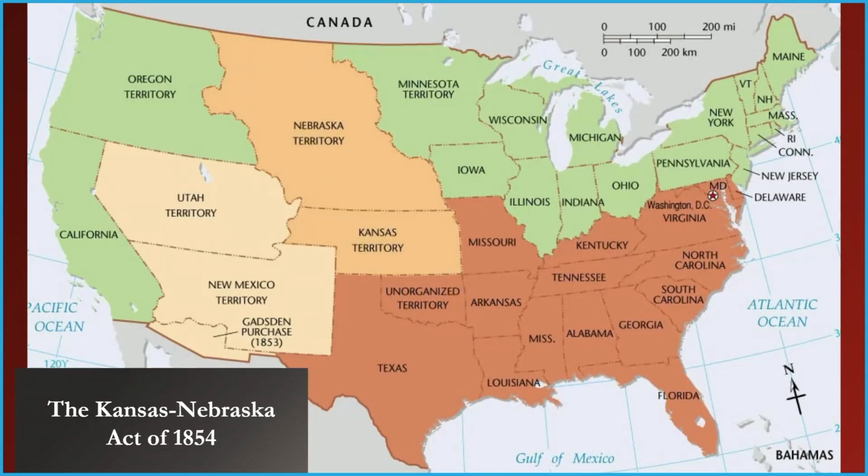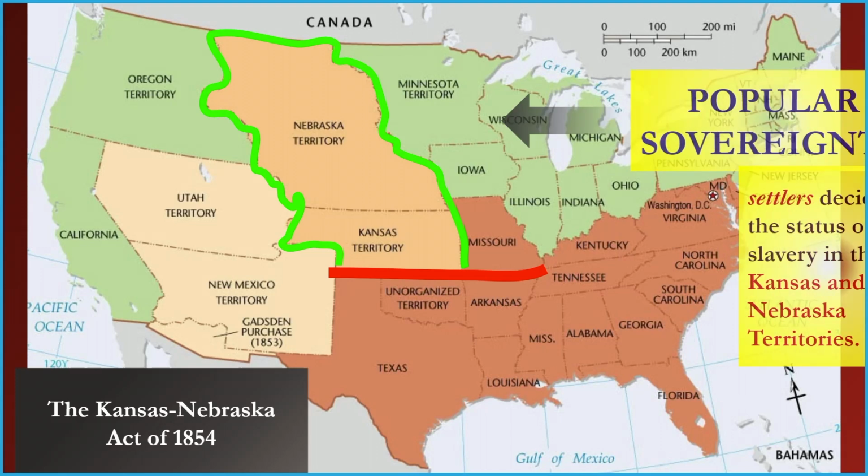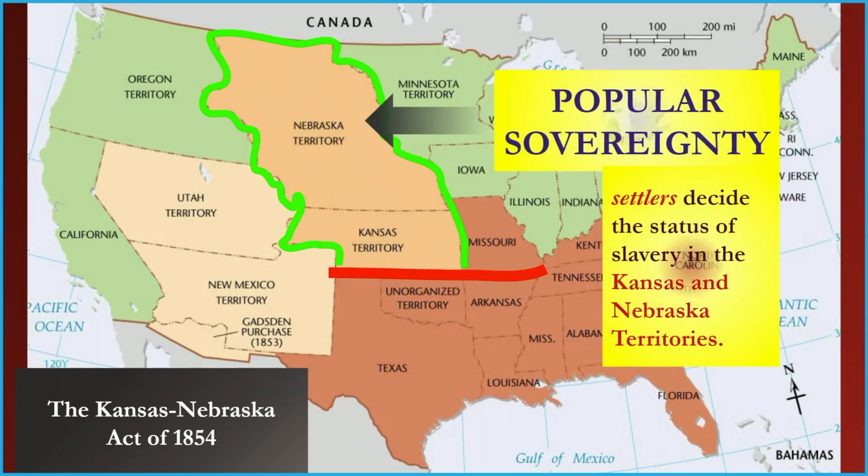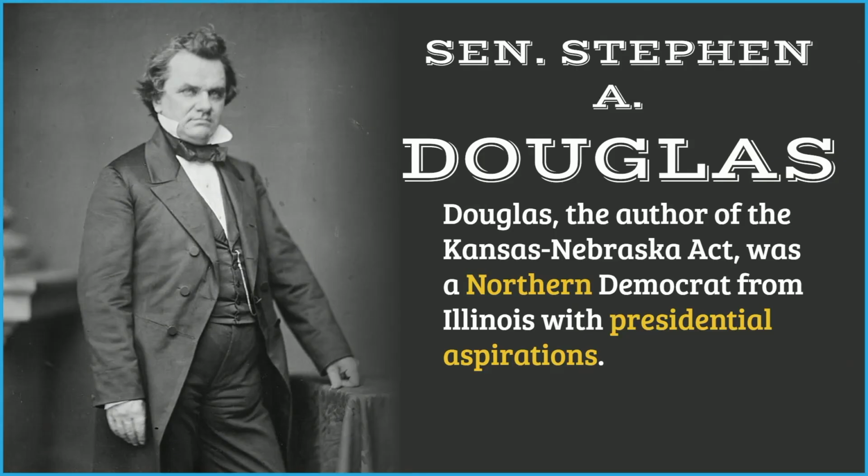30 years later, though, Stephen Douglas says in the Kansas-Nebraska Act that actually the Nebraska and Kansas territory, it's open to popular sovereignty. So settlers who end up moving here, they are the ones who will decide the status of slavery in these areas. And so it's going to be very, very controversial. And those in the North are going to be furious at Stephen Douglas, especially because Stephen Douglas is from the North.